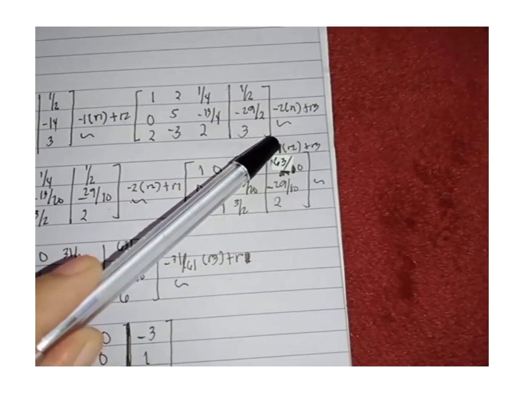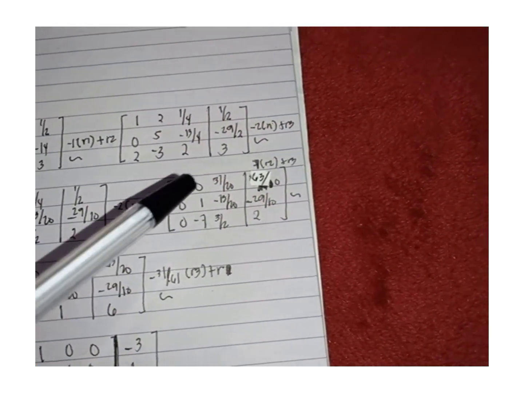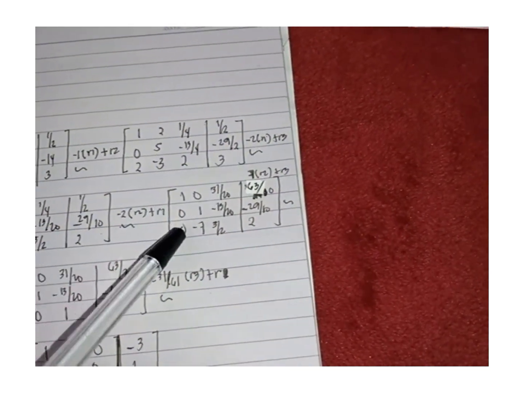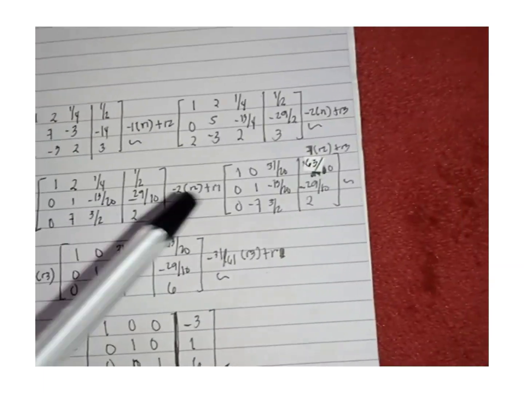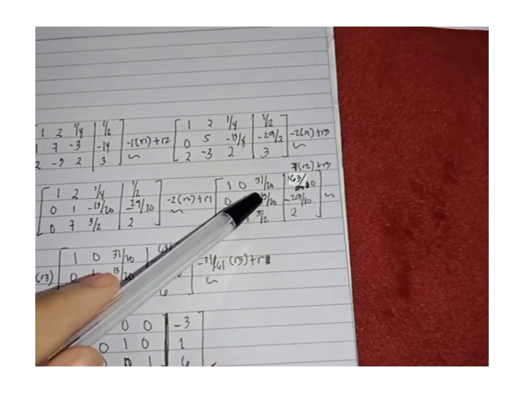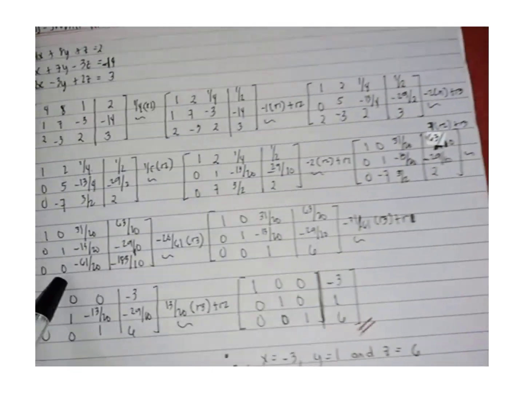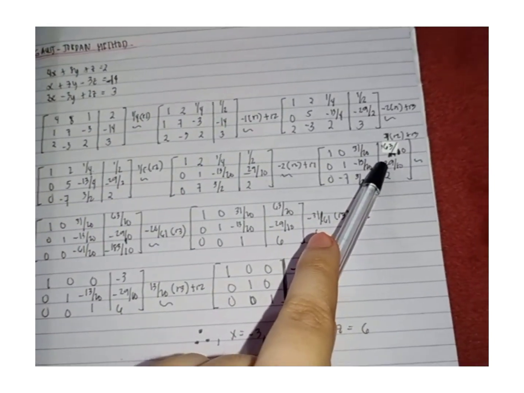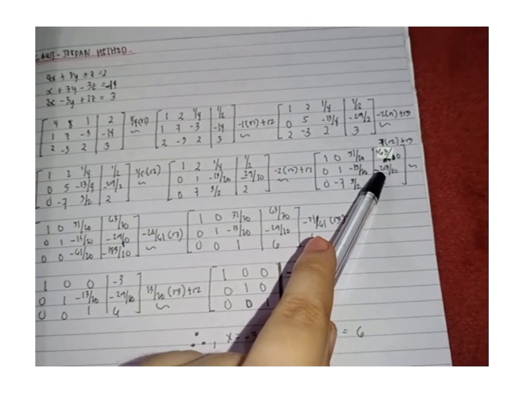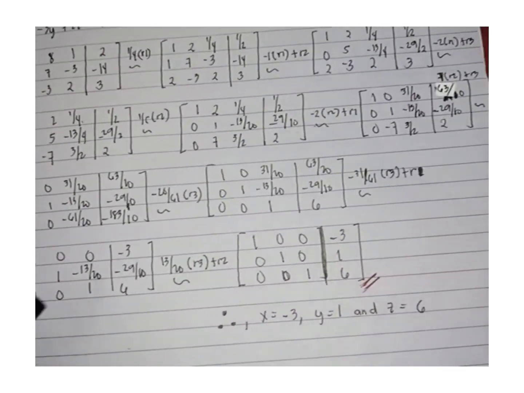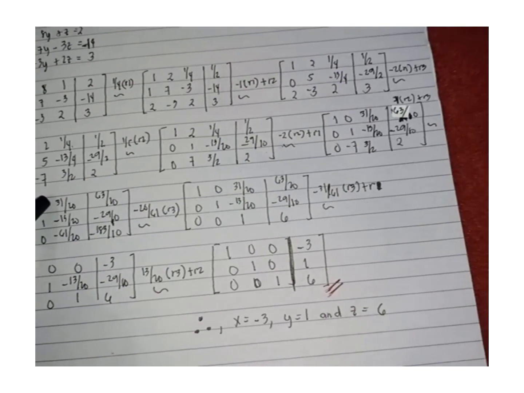So 7 times 1 is 7 plus negative 7 will be 0. 7 times negative 13 over 20 plus 3 over 2 is negative 61 over 20. 7 times negative 29 over 10 plus 2 will be negative 183 over 10. So copy rows 1 and 2.